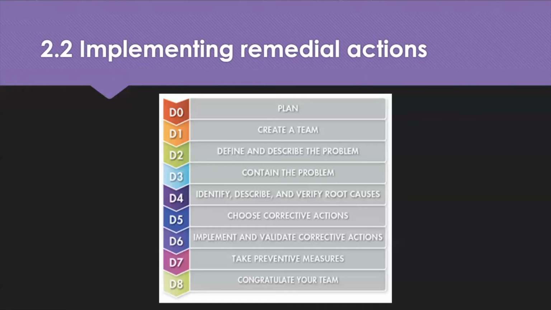It starts with planning what you're going to do, create your team, define and describe the problem, then contain it, identify the root cause using an Ishikawa fishbone or the 5 whys, decide what your corrective action might be, implement and validate the corrective actions, take preventative measures, and congratulate your team for solving a problem.